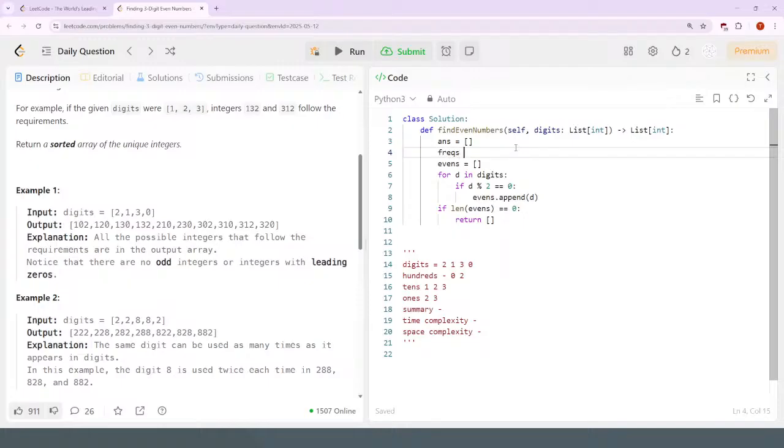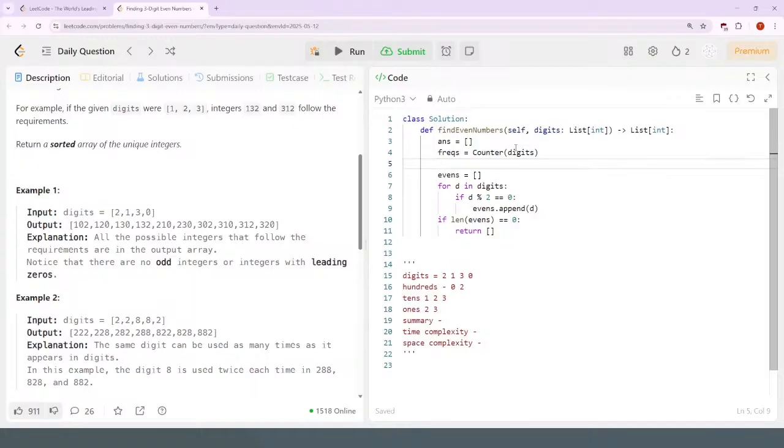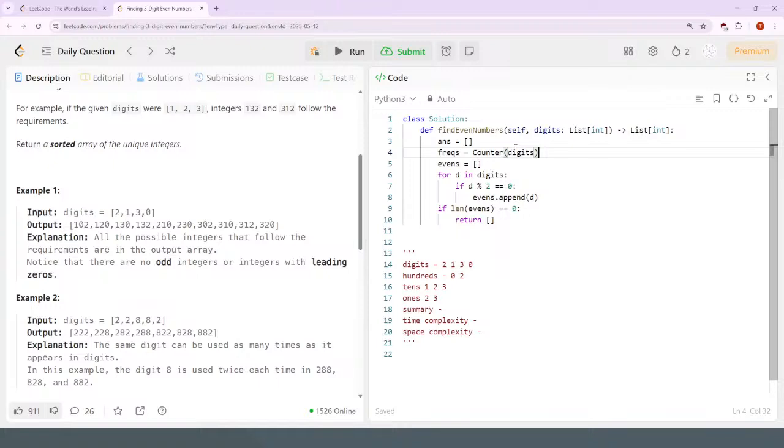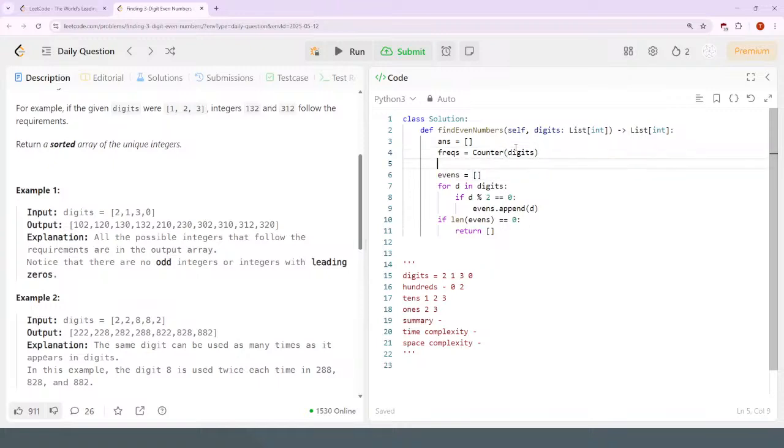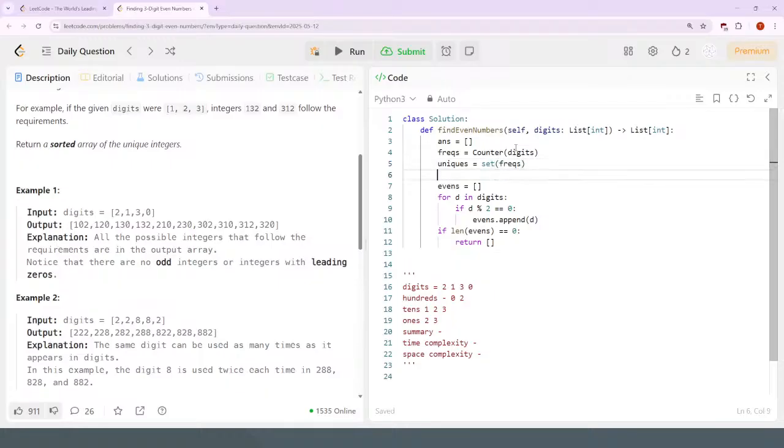Let's say I have a frequency, which is the counter of the digits. So that gives me for every digit the number of times that occurs. Let's say I have my uniques, which is the set of frequencies.